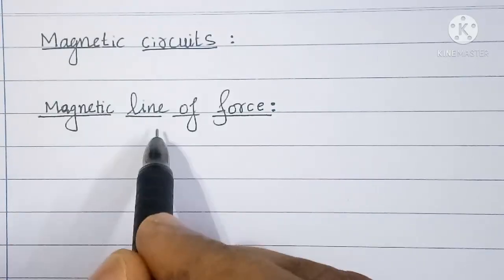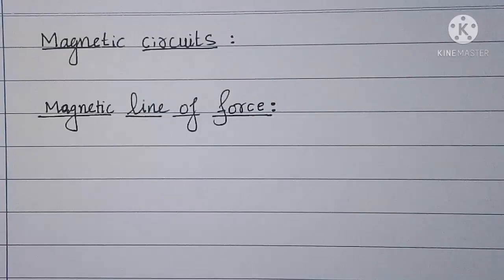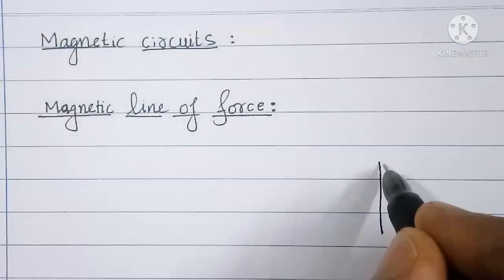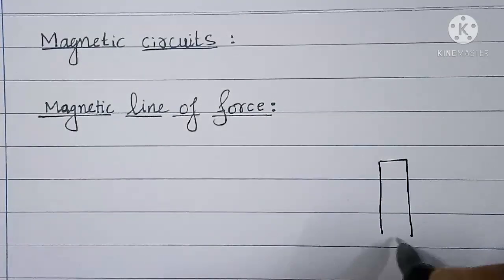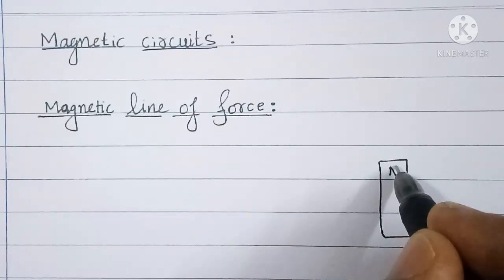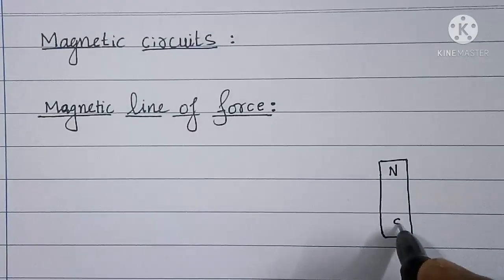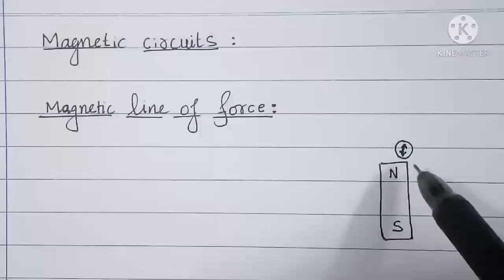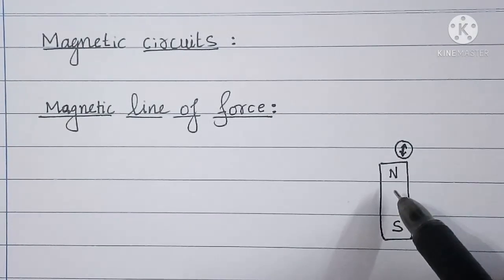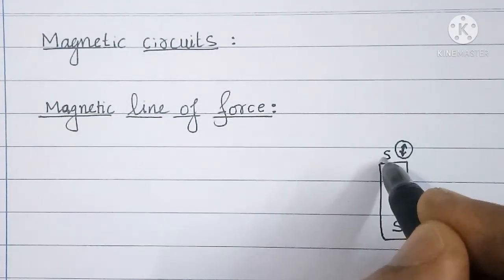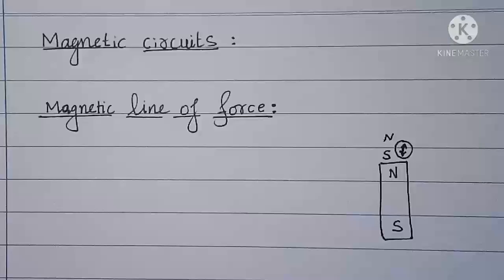First definition is of magnetic line of force. In your lower standards, you have studied that if you take a bar magnet, it will be having two poles, N and S. If you place a tiny magnet near N pole, then the tiny magnet's S pole will be facing N pole.